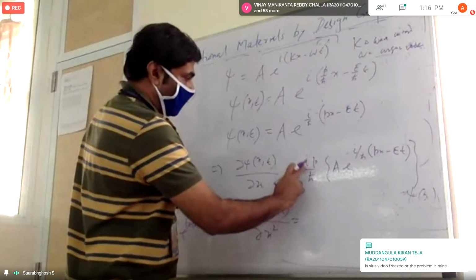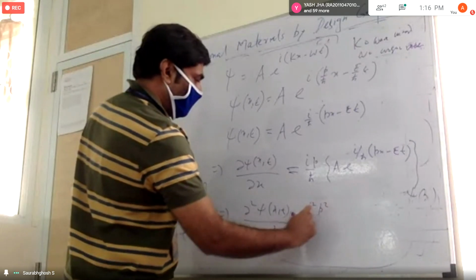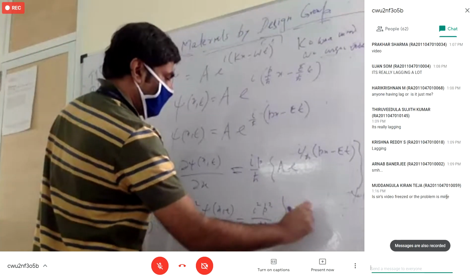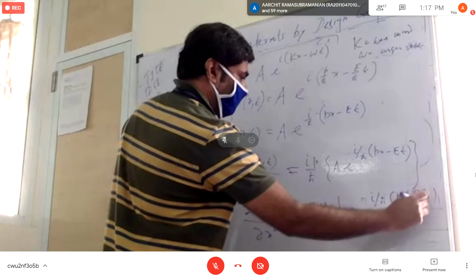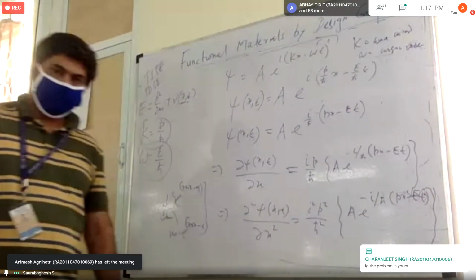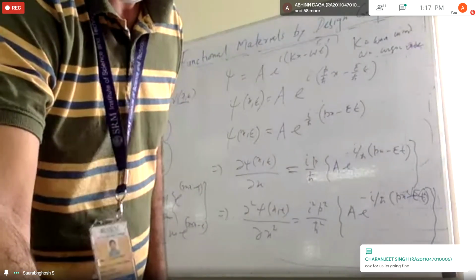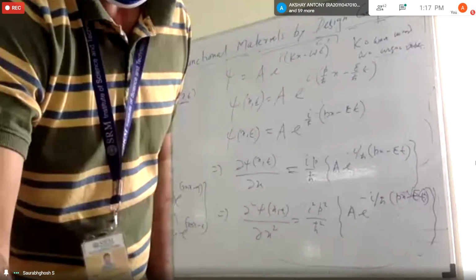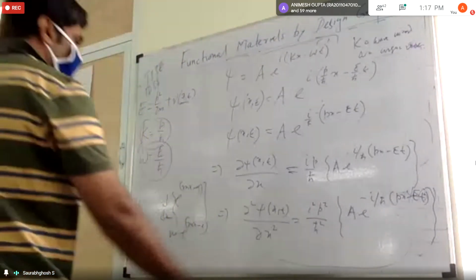So i square into i square, i square p square by h cut square, again A e to the power i by h cut, (px minus Et). Okay, so this is this.